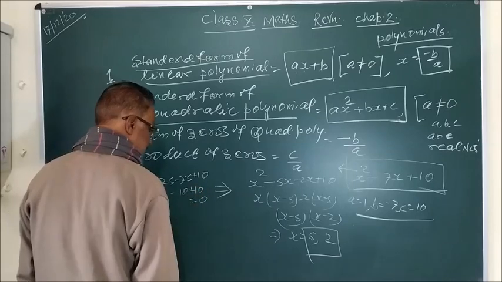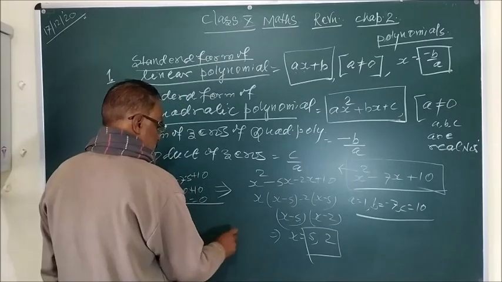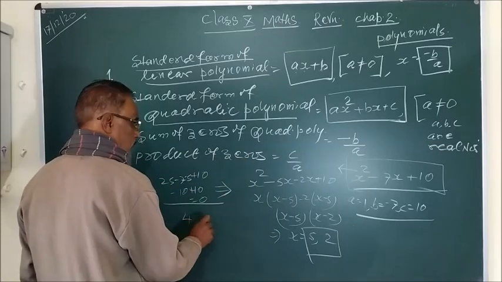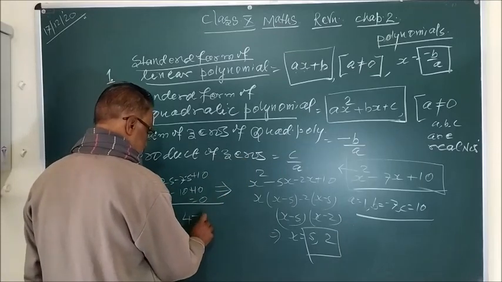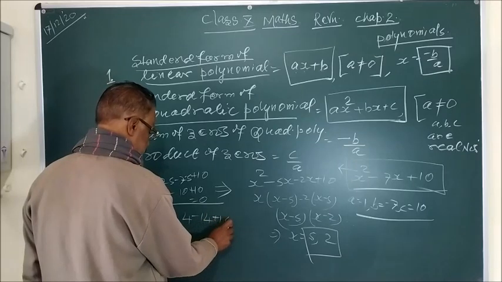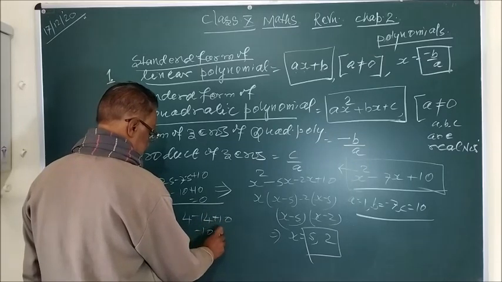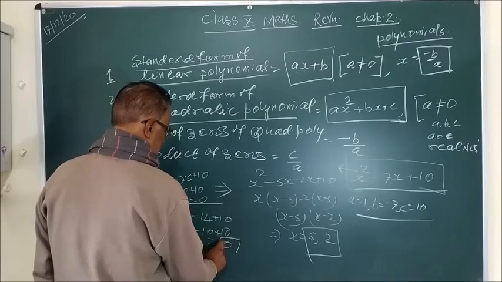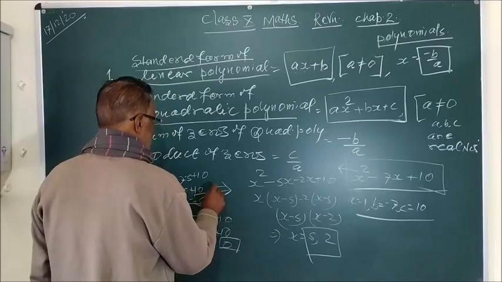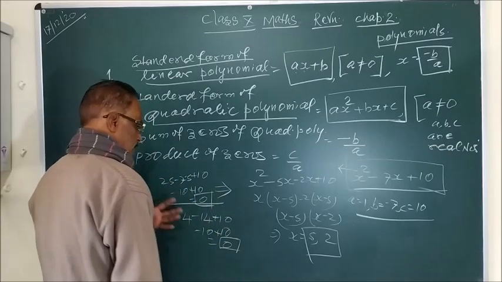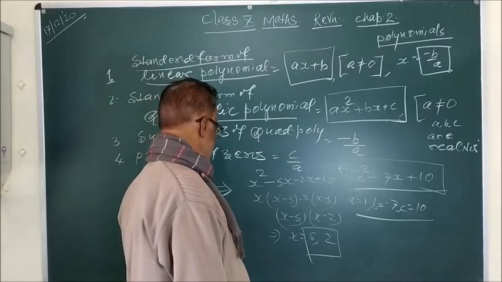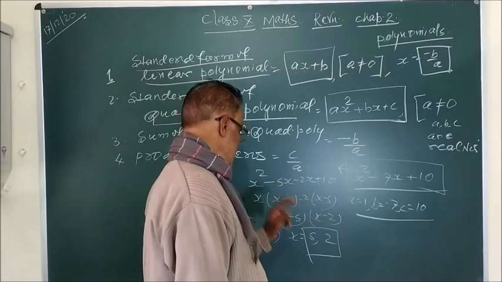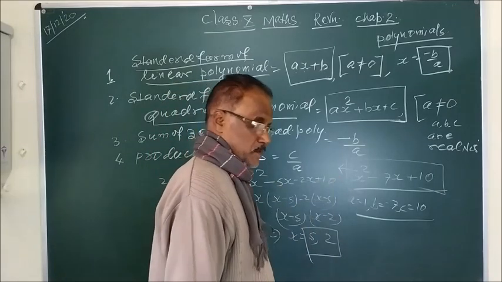Now you put the value of 2. 2 square, this will be 4, minus 7 into 2, 14, plus 10, 4 minus 14 plus 10, 0. Right? So we are observing that on putting these two values, 5 and 2, we are getting 0. This means these values are zeros of this polynomial.